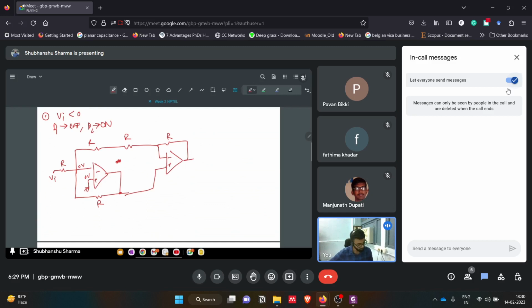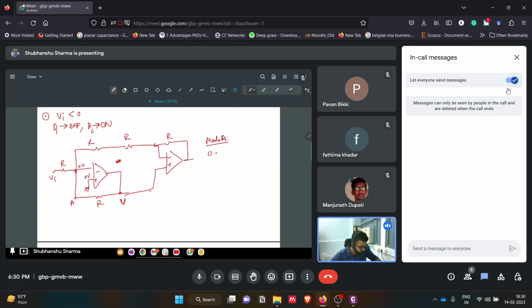Let's say the voltage here is V, and if we use KCL at this node, let's say node A. You can use KCL here or here, or you can directly do it; just for the sake of simplicity I am deriving each and everything.